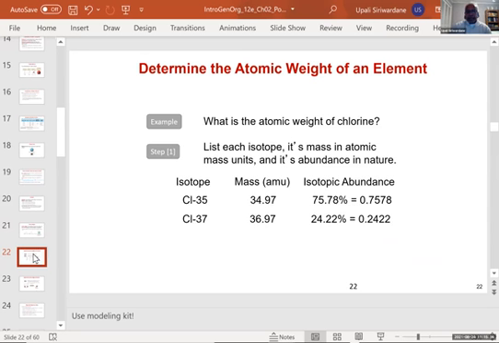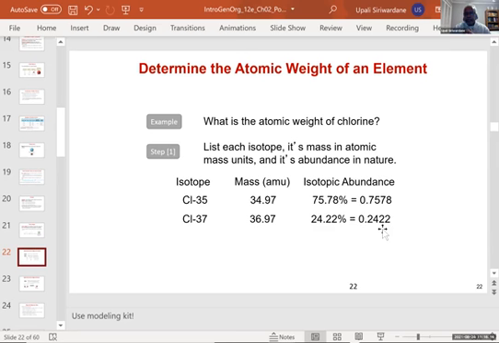So this is how we calculated chlorine again. 34.97 is the isotopic mass of chlorine 35. 36.97 is the isotopic mass of chlorine 37. Each is multiplied by its abundance. As a fraction, chlorine 35 is 0.7577 and chlorine 37 is 0.24.